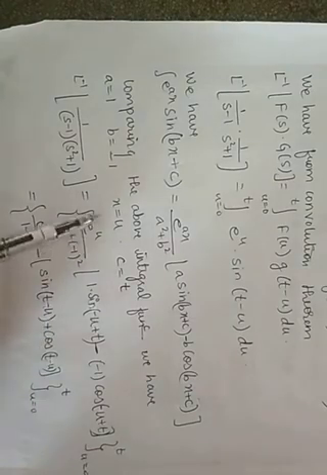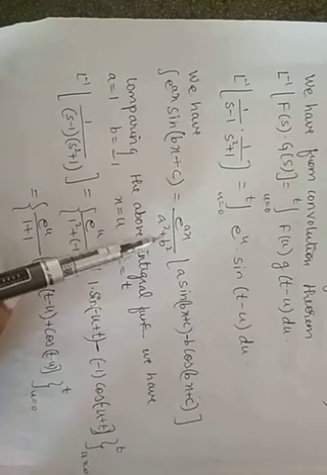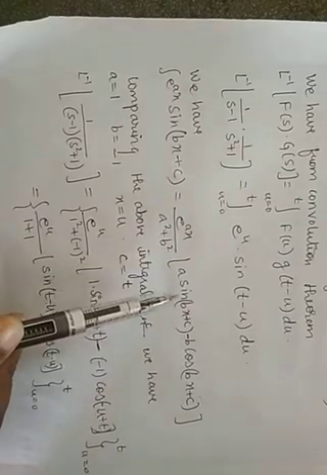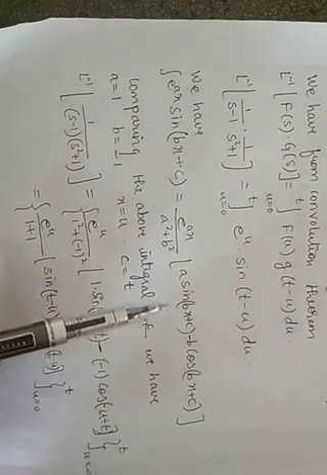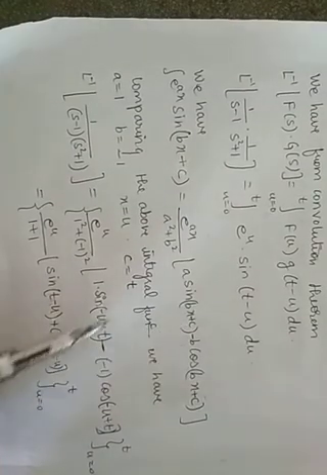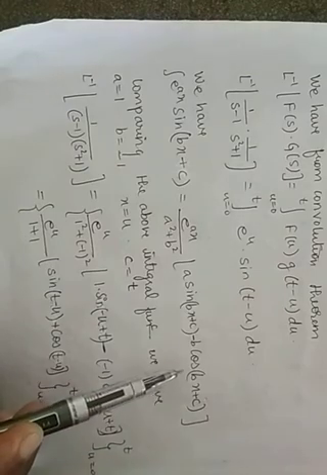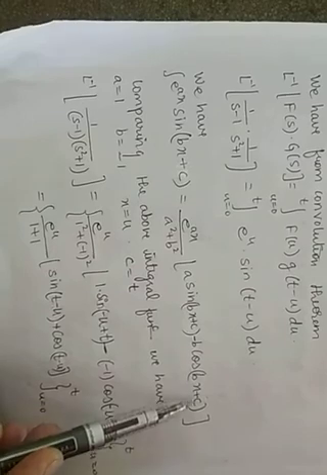Okay. So now substitute: e raised to 1u upon (1 square plus minus 1 the square), into sine. Here b is minus 1, x is u, so minus u plus t, because c is t. Minus b is minus of minus 1, cos of b is minus 1 into u plus t.